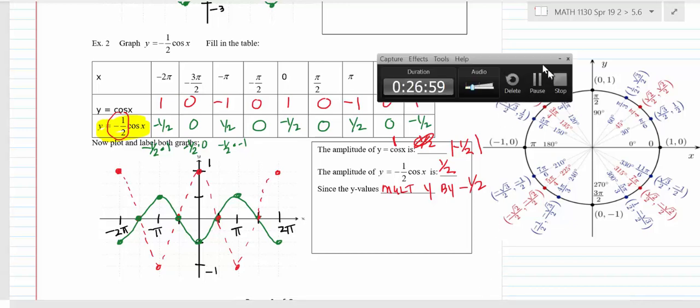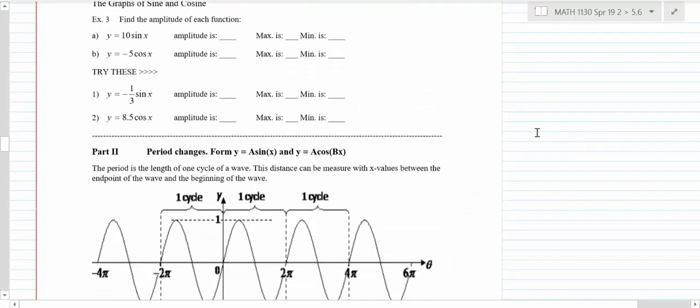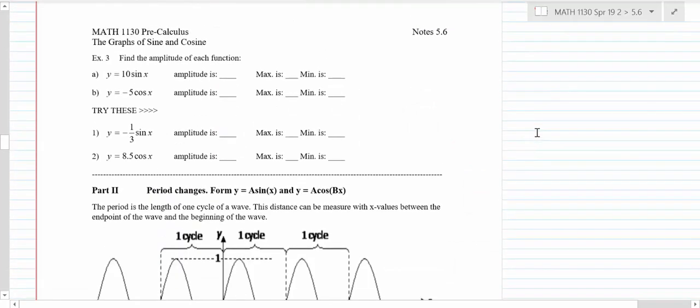All right, so first of all, on the top of the next page, you want to do this just quickly in your head. If you want to know the amplitude, all you do is look at the number in front, and it's always the absolute value of that. So the amplitude of this function would be 10. The amplitude of this function would be 5. Just remember an amplitude's a distance.